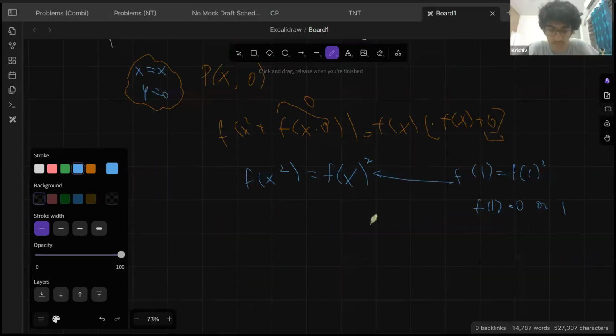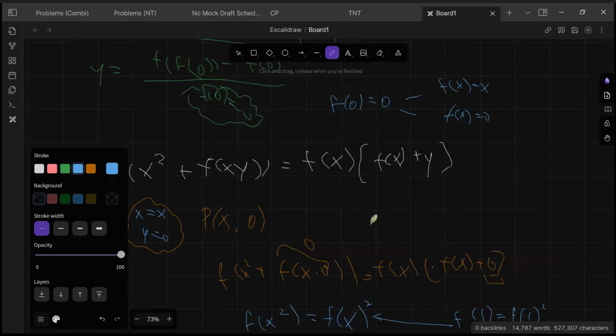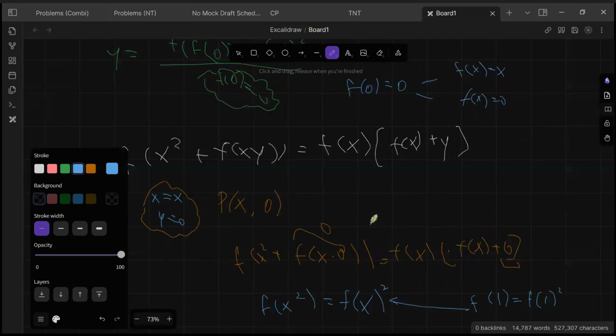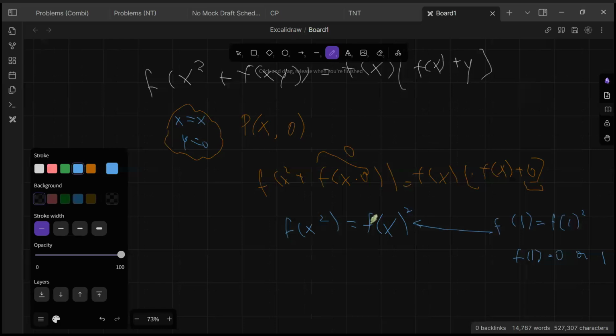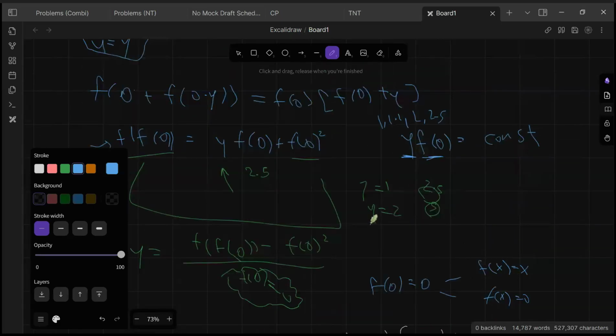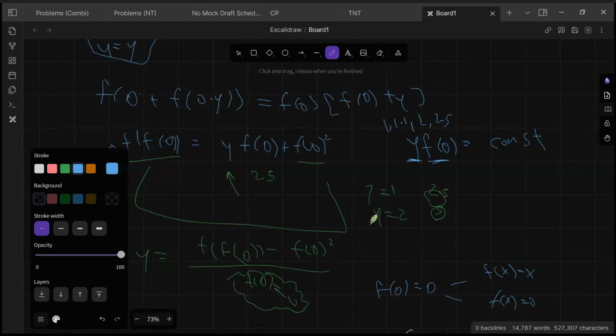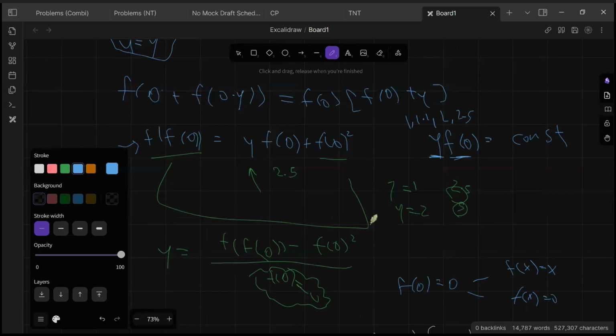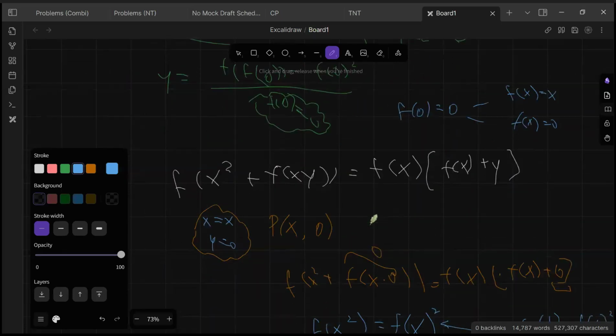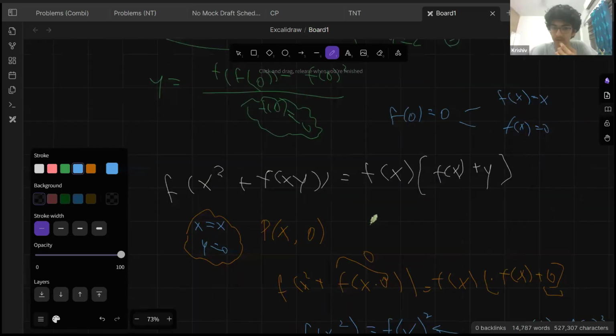Hello. I have a doubt: why did you take the value of f of 0 is equal to 0? If we take the value of f of 0, then we can also take the value of f of x is equal to x. So why did you substitute the second answer only, f of x equal to 0? Where?